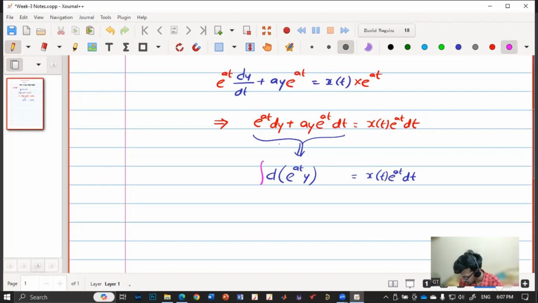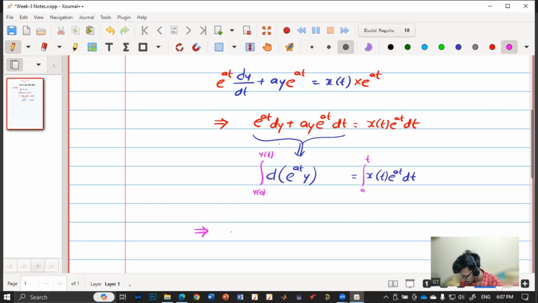We'll integrate from 0 to t, and the initial condition say y of 0 at t equal to 0, and here it will be y of t. So now after integrating it, what will I get?